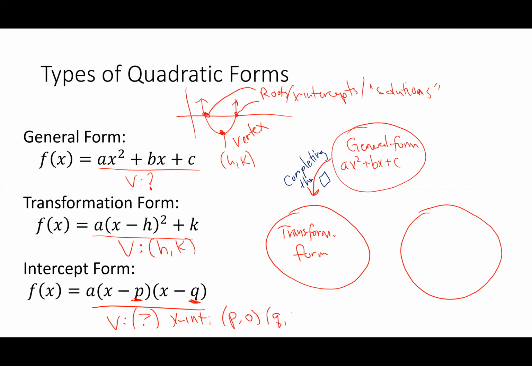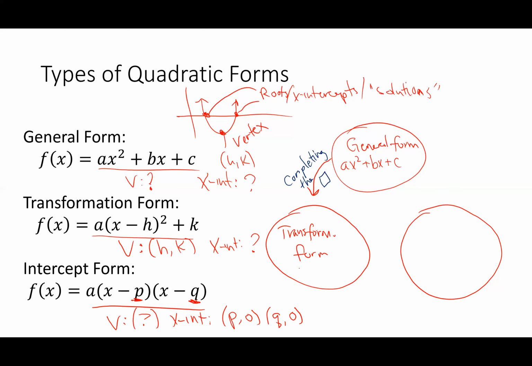For x-intercepts, I have no idea necessarily what those are. They're not staring me in the face given transformational form, and from general form, I certainly have no idea.